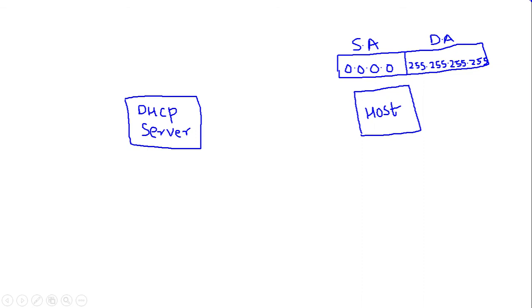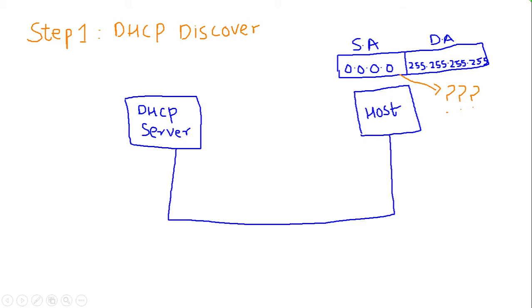This packet or message will be received by the DHCP server, and this is called DHCP Discover. We can see the link between the host and the DHCP server, which is part of this network. So a DHCP Discover message is sent.